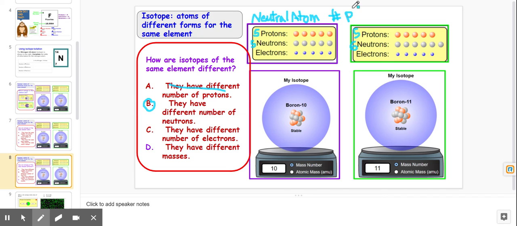How can charges balance? What has a negative charge? The number of positive protons equals the number of negative charges, so that's the number of electrons. So in a neutral atom, the number of protons equals the number of electrons. So do they have a different number of electrons? No. We could have also just counted the number of electrons, but that's a rule we need to know.